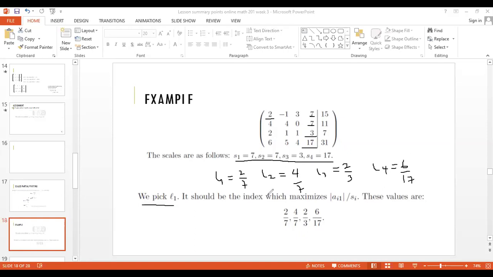Now we select the index which maximizes the li, and obviously the fraction 2 over 3 is the biggest index, which means that row 3 will be the best option as the pivoting row, which implies that we're going to make use of this first element as the pivot.